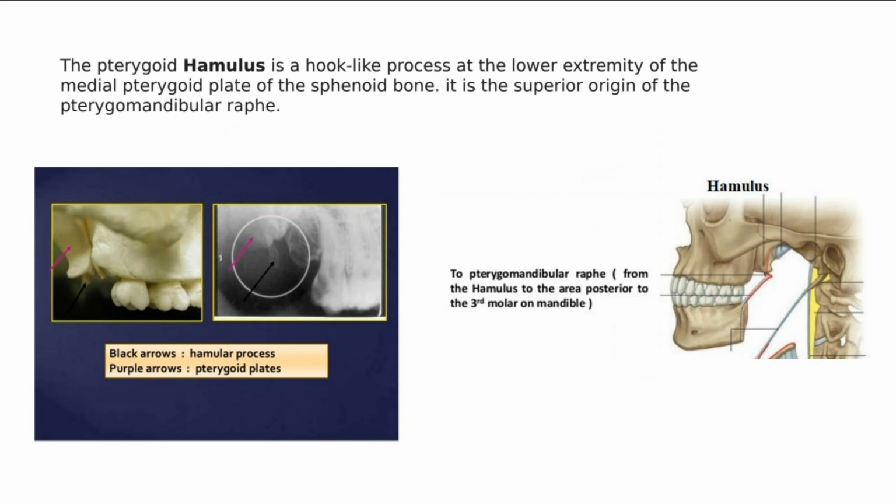If you guys still remember the pterygoid plates, and there is a hamulus at the end, this is the pterygoid plate right here, and this is the hamulus. Hamulus is coming from hammer. It looks like a hammer, and this is at the end of the pterygoid plate. It's called the hamulus. This is the pterygoid plate, and this is the hamulus.